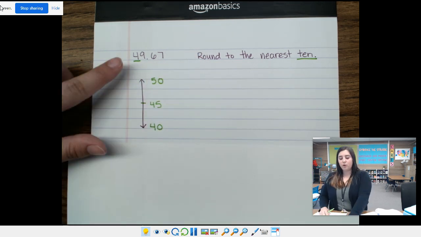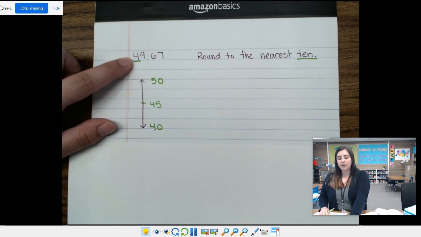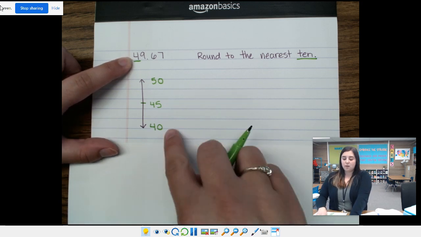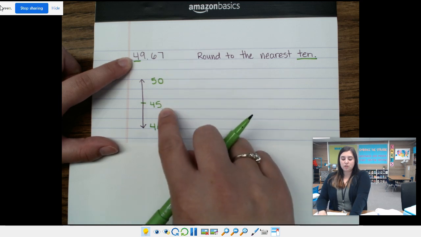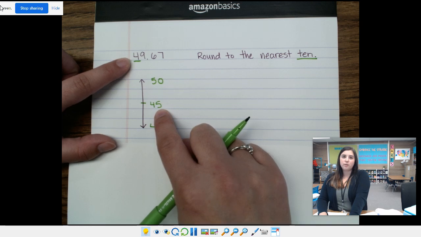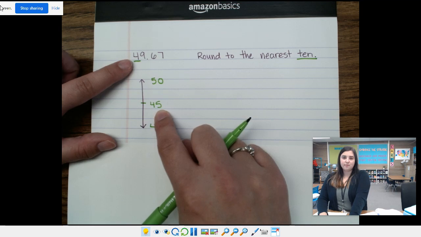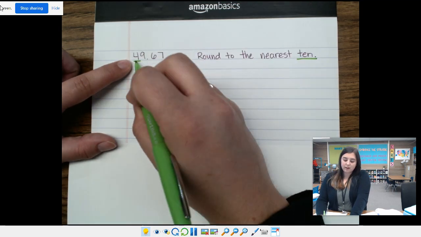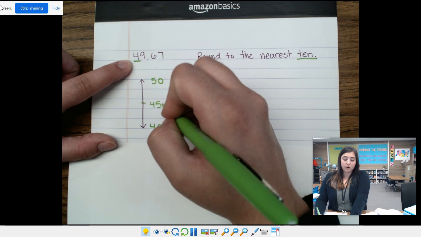Now I want you to figure out, where is 49 and 67 tenths? Sorry, hundredths. In comparison to these numbers. So is it more than 45 or less than 45? Where would it go on your number line? Why don't you draw that dot? So I know 49 is more than 45.